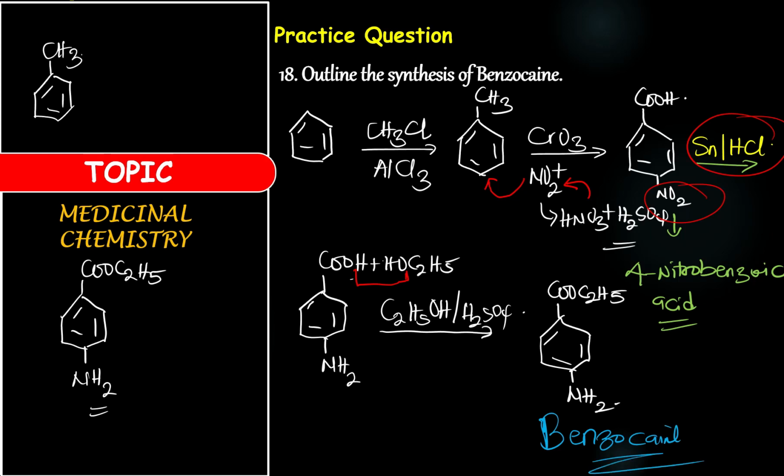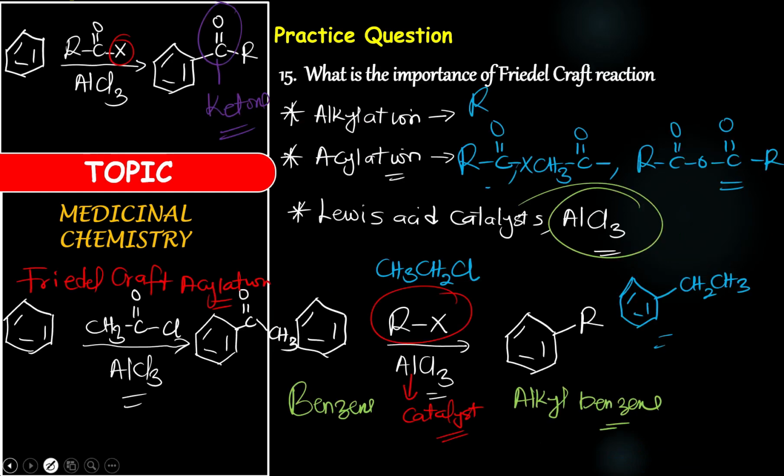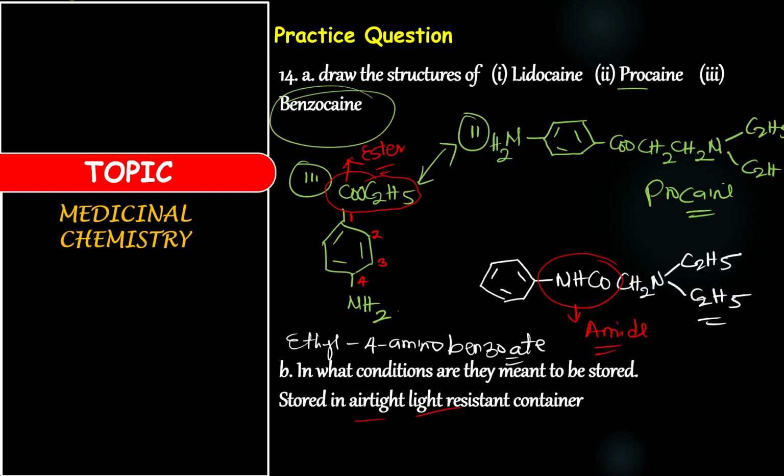Is that okay? Exactly. Now that you synthesize benzocaine, the next question we are looking at is: draw the structure of tetracaine and comment on its SAR. Now tetracaine is an ester too, so it follows more like procaine, but the differences between tetracaine and procaine, I'm going to spell it out.